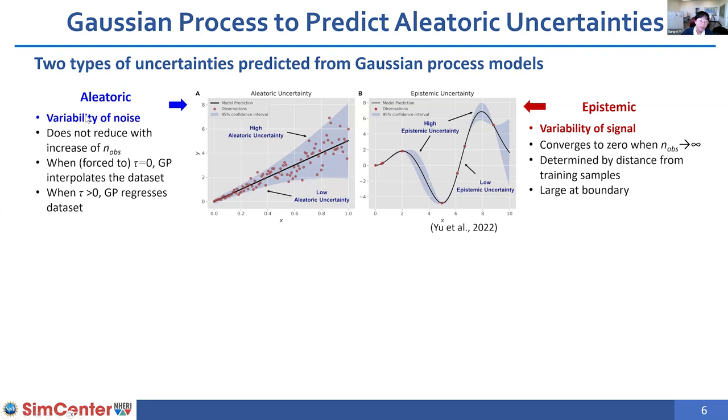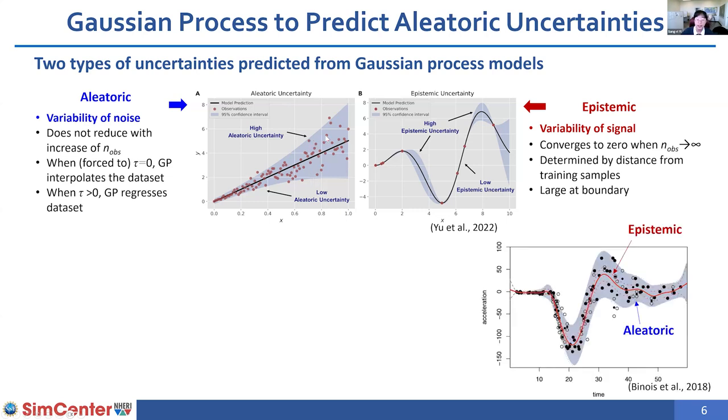However, there's another type of uncertainty, which is aleatoric uncertainty. This is more related to the inherent randomness of your data or system, or the way of formulating your system. So even if you add more and more data, these bounds will not approach zero.